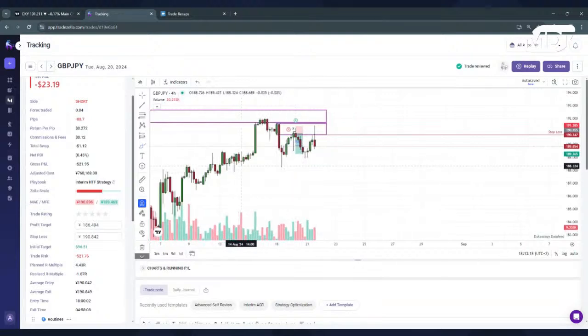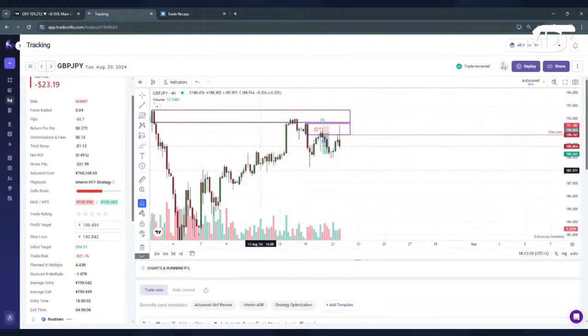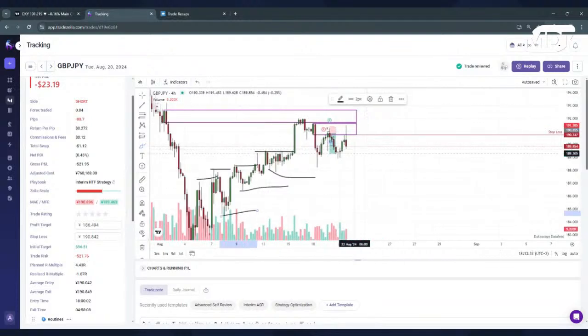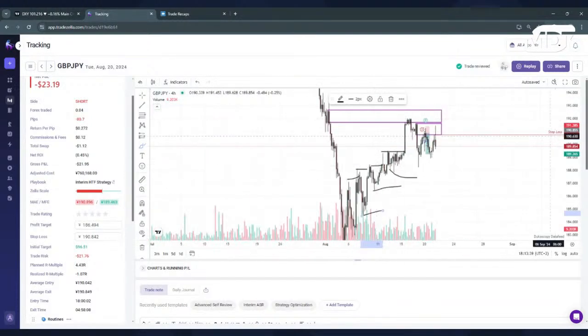But when I'm looking now in hindsight, we were taking out liquidity to the upside, or that buy side liquidity constantly being ran, and sell side liquidity was being respected. So a bit tricky in that sense.